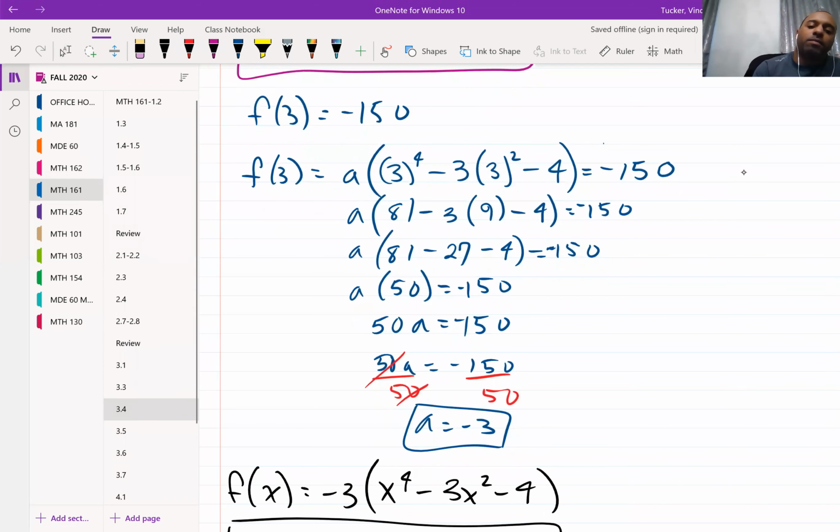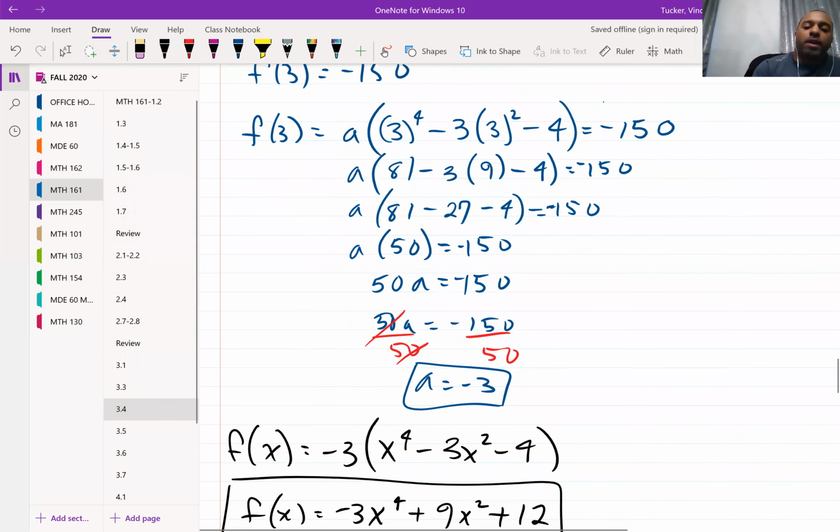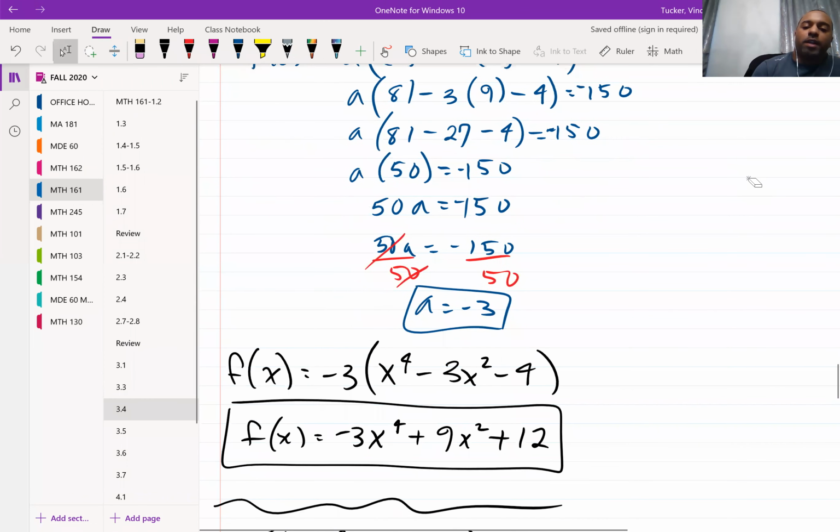Distribute that, and that gives us our 4th degree equation or 4th degree function that produces those 4 solutions. And when I plug in 3, I will get out negative 150. So that's what this function is for us.